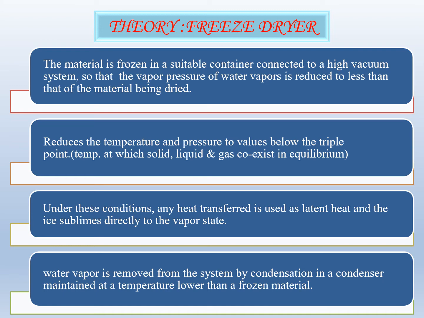Triple point is nothing but the temperature at which solid, liquid and gas coexist in equilibrium. Under these conditions, any heat transferred is used as latent heat and the ice sublimes directly to the vapor state. Water vapor is removed from the system by condensation in a condenser maintained at a temperature lower than the frozen material.